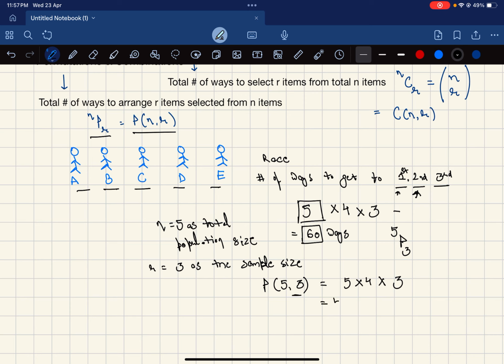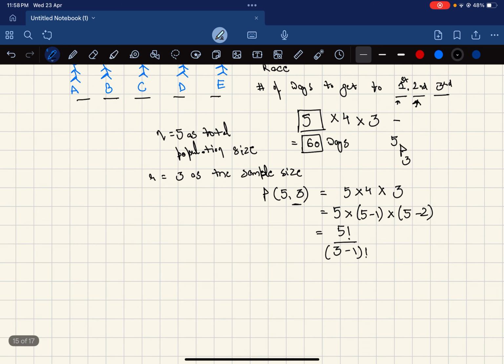Now this can be written as 5 multiplied by 5 minus 1 multiplied by 5 minus 2, which can be written as 5 factorial divided by 5 minus 3 factorial, where 5 minus 3 is 2 factorial here.